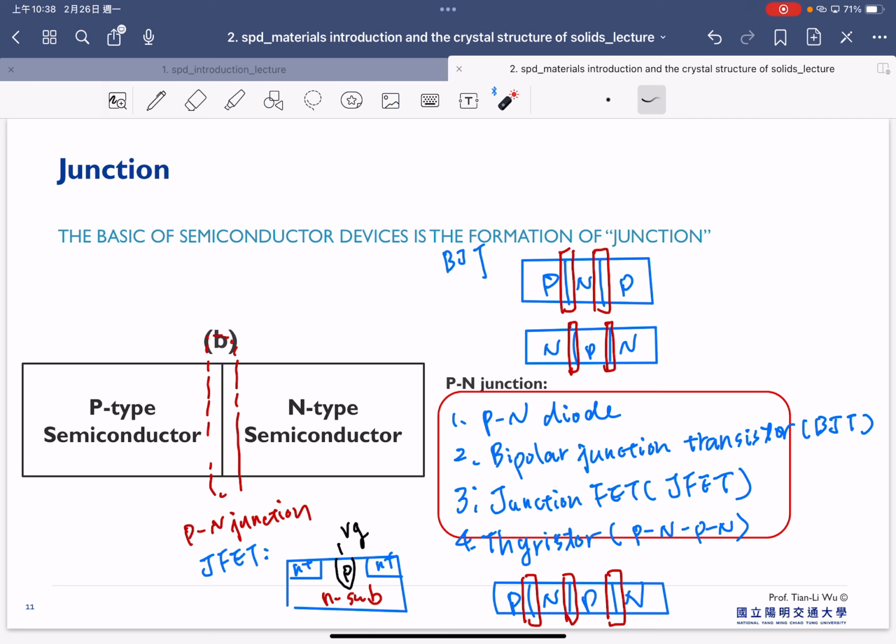Because if we understand the metal semiconductor junction and PN junction, the later transistor parts, no matter for the BJT, the JFET, or even the MOSFET, because for MOSFET we also have the PN junction, this physics can also be applied to the real transistor.